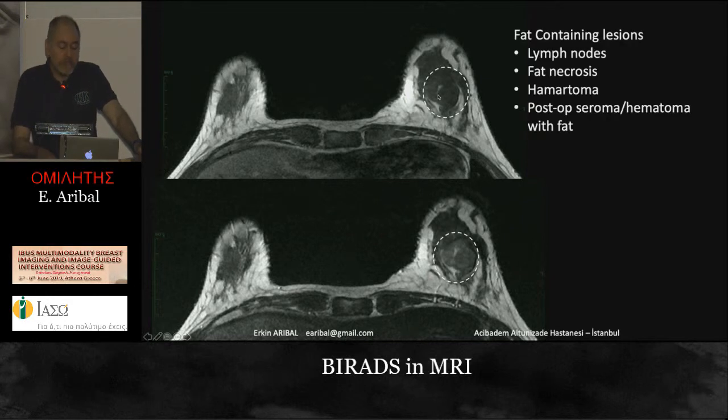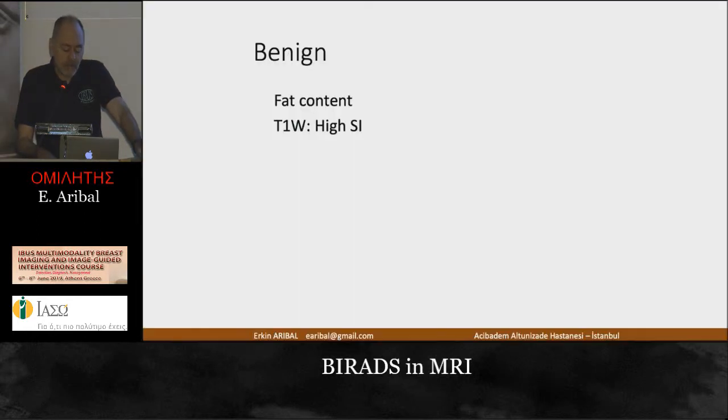When you have a fat containing lesion, it is categorized by BIRADS as lymph nodes, fat necrosis, hamartomas, or post-op seromas, hematomas with fat. So this is a hamartoma. This is a mass with oval shape, with circumscribed margins and slow contrast enhancement, and it has a fat content. It is high on T1 weighted images.